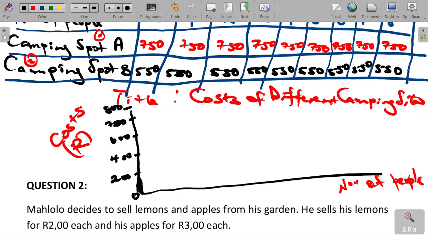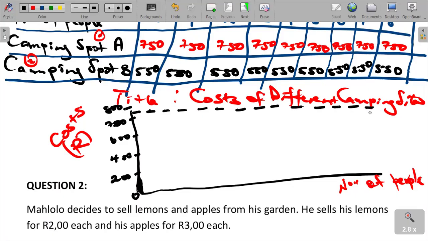So what is needed here is to see that 750 is between 800 and 700. So I can put my 750 this side. This is my 750 graph, and we say this is constant.